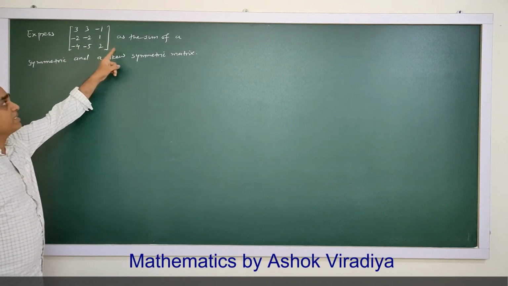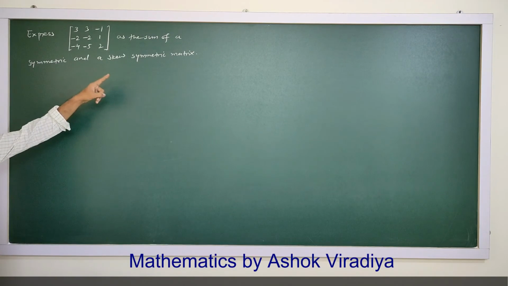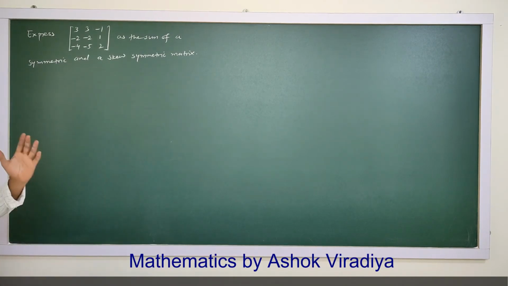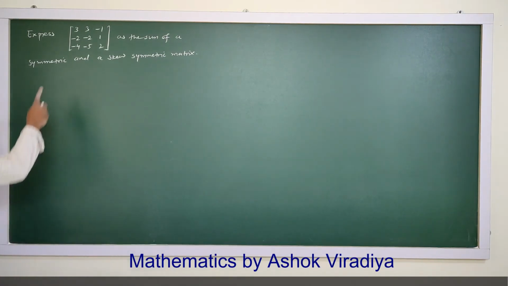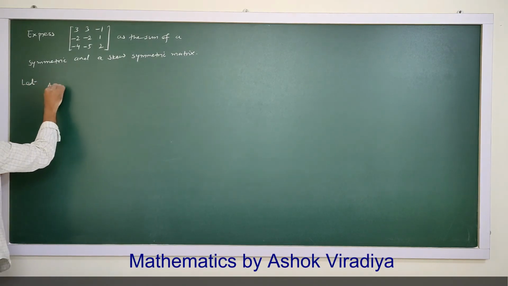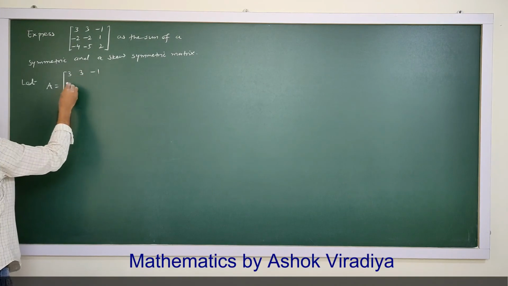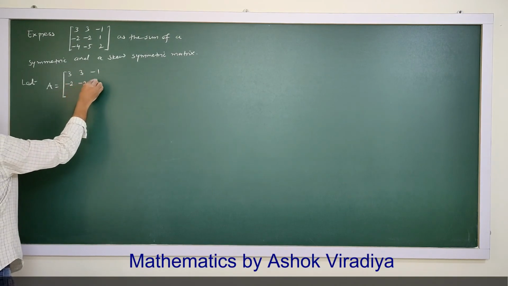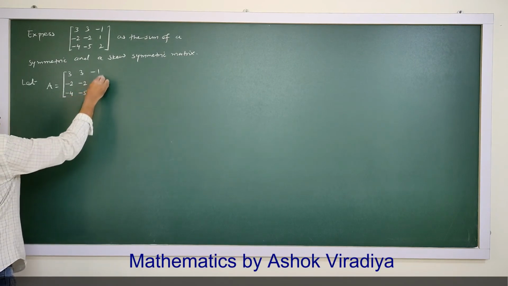Express this matrix as the sum of a symmetric and a skew symmetric matrix. In exactly the same manner as in the last question, again we take this matrix as A. Let A be [3, 3, minus 1; minus 2, minus 2, 1; minus 4, minus 5, 2].